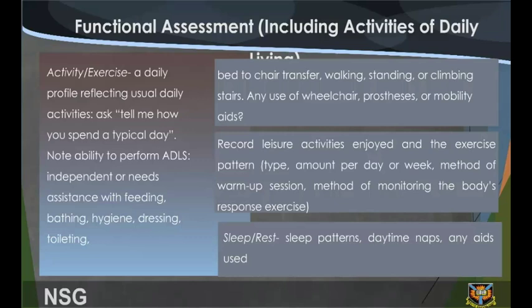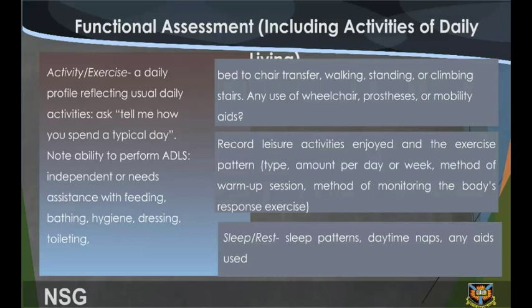Any use of wheelchair, prosthesis, or mobility aids. Record leisure activities enjoyed and the exercise pattern: type, amount per day or week, method of warm-up session, and method of monitoring the body's response to exercise.